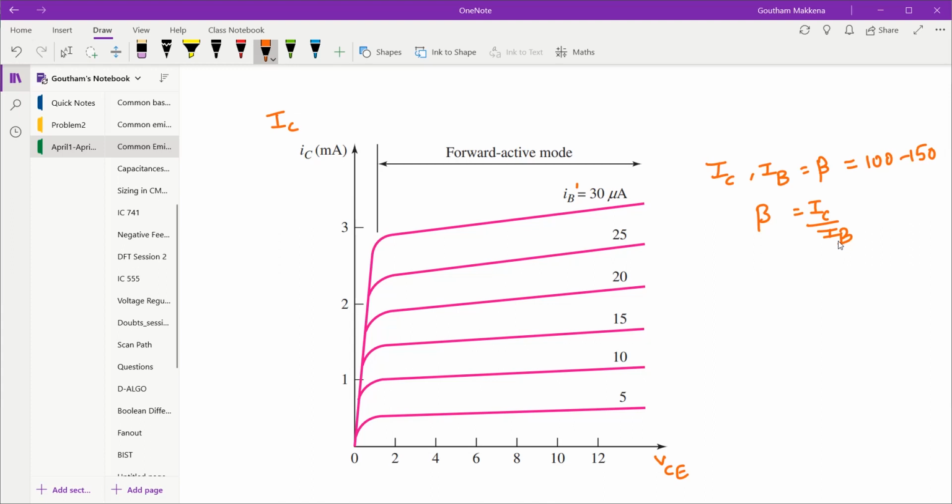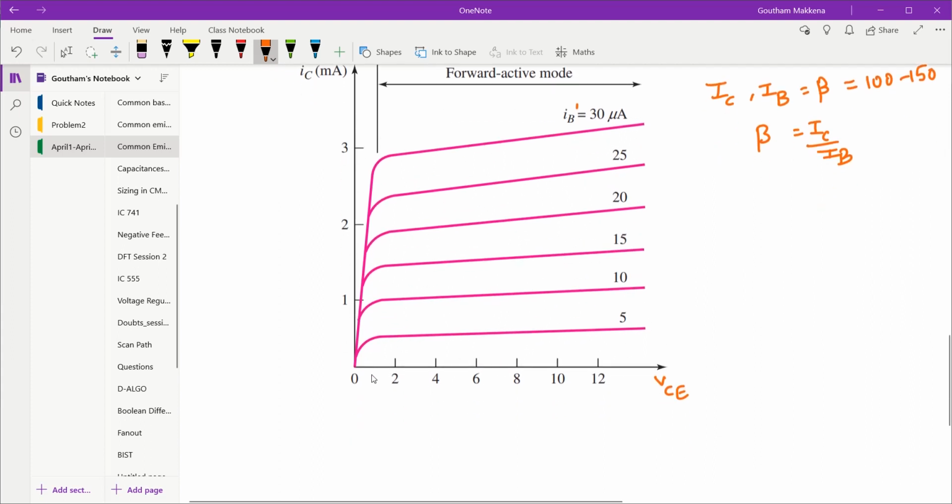Now let us try to understand. This looks similar, but this region has some curve over here. Let us try to understand what is happening. At this point, VC is equal to 0, but we know that VC is equal to VCB plus VB.